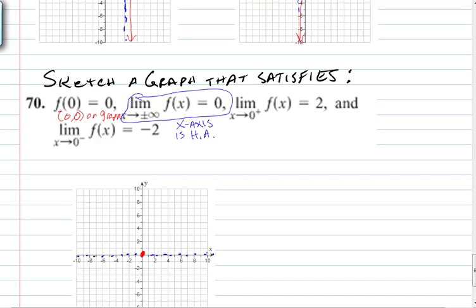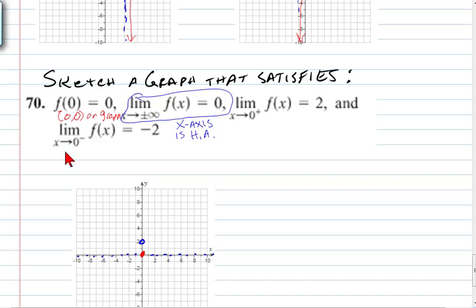Okay? All right. This part, the limit as x approaches 0 from the right is 2. That means that the function can't be equal to 2 at 0, but it's going to be approaching right there, right?